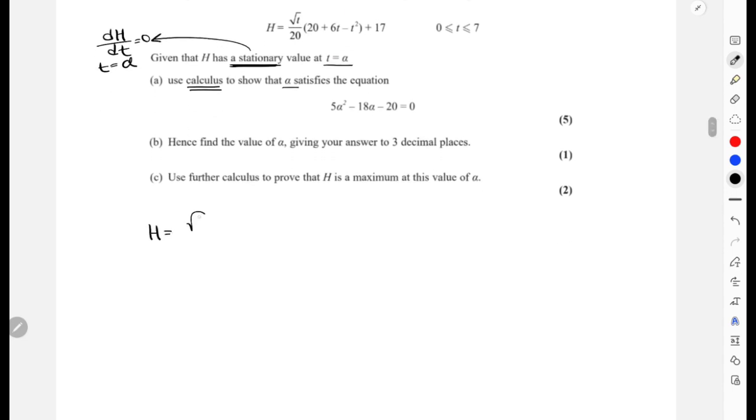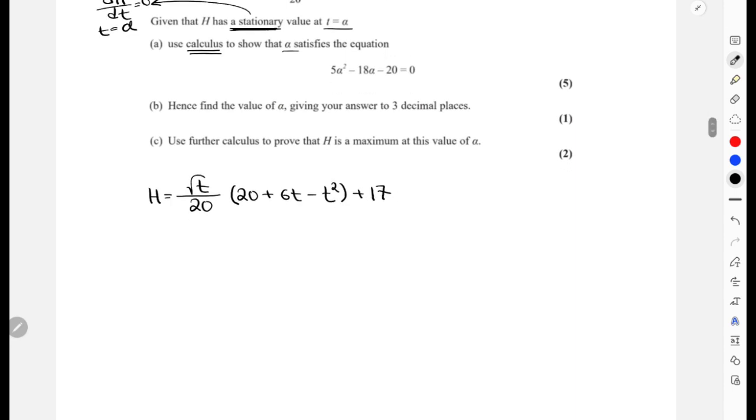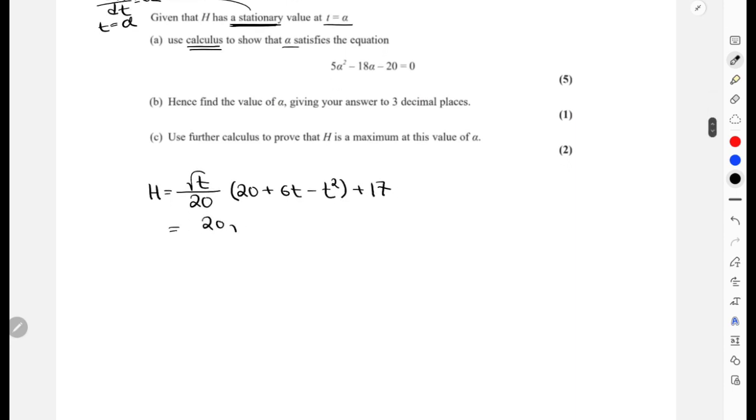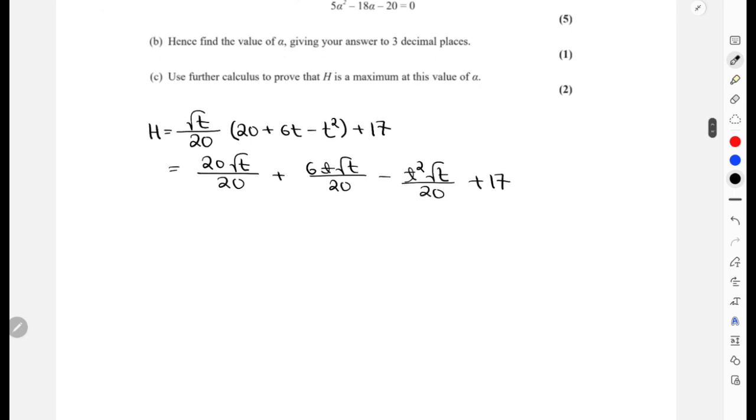So you have h equals root t over 20 times (20 plus 6t minus t square) plus 17, which is 20 root t by 20 plus 6t root t over 20 minus t square multiplied with root t over 20, plus 17. That will approximately be t to the power of half.